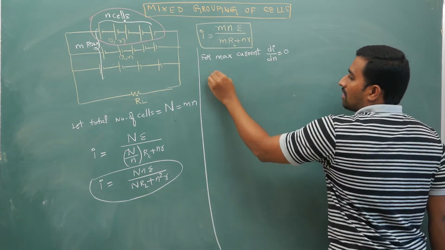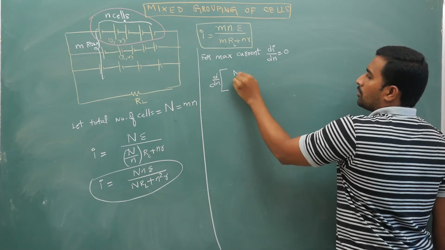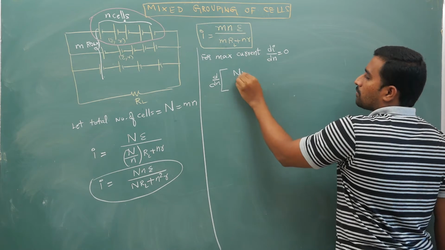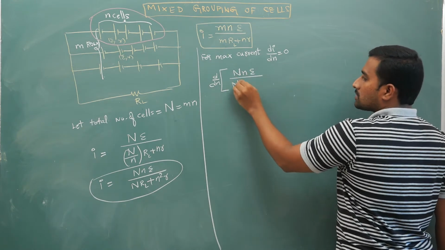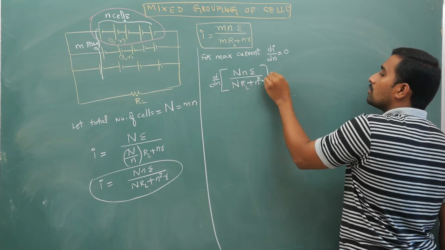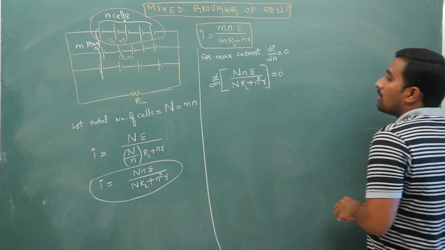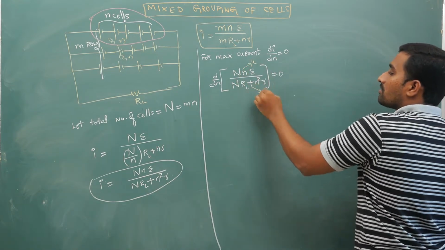Okay, so that will give you d by dn of, okay, numerator is small n into capital N into E by capital N times R load plus N square times small r is equal to 0. Now this is in the form of U by V rule. This is U, this is V.